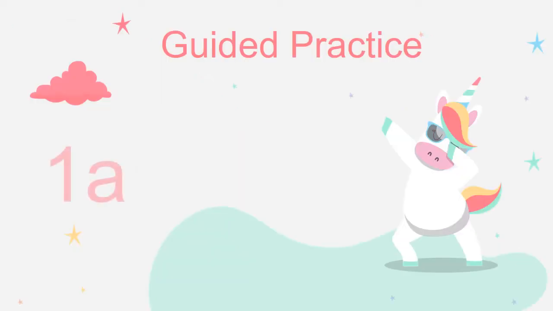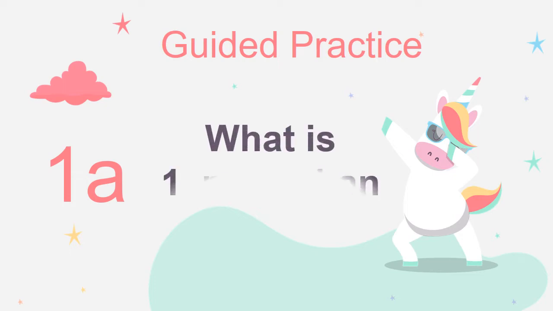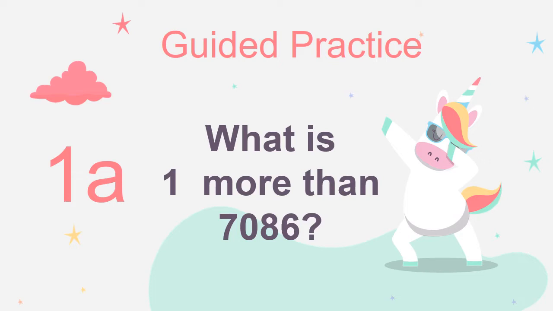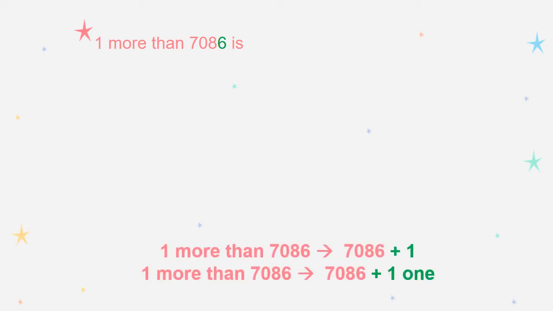Guided practice number 1, part A, 1A. The question is, what is 1 more than 7,086? This is the question, right? 1 more than 7,086 means plus 1. 7,086 plus 1.